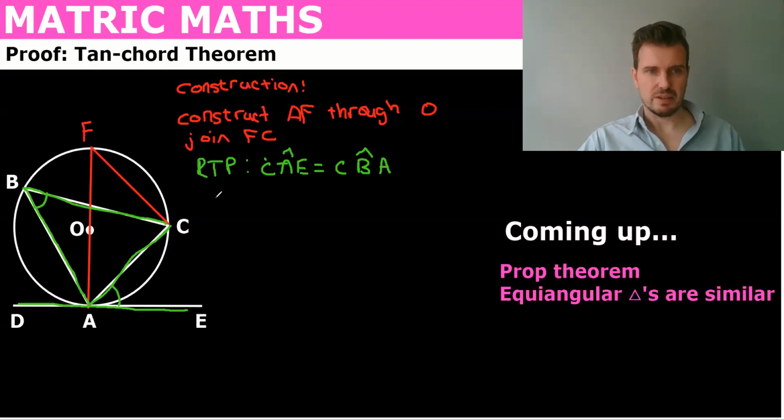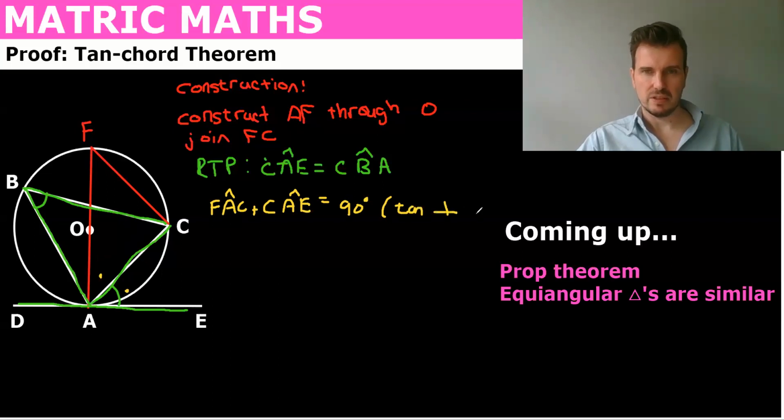So I can say, therefore, that FAC, this one, plus this one, CAE, is equal to 90 degrees, okay? And that is because the tangent is perpendicular to the line through the center.